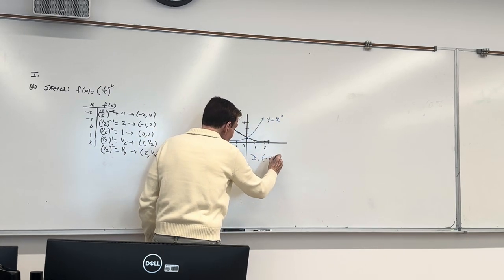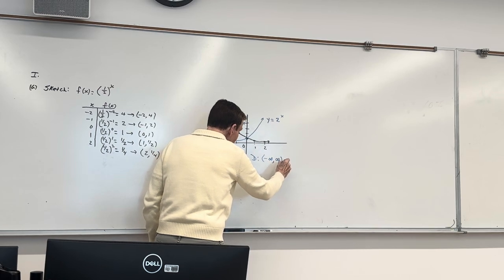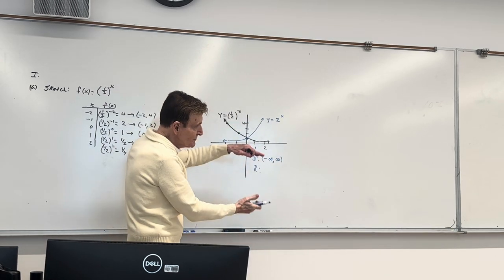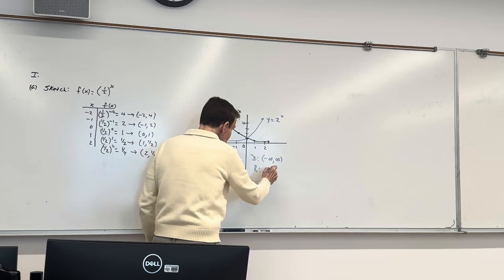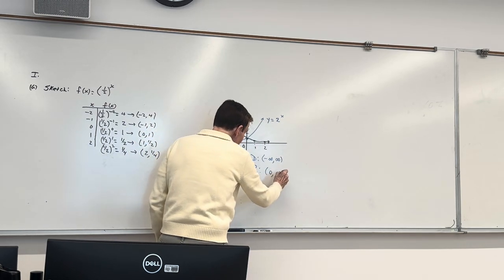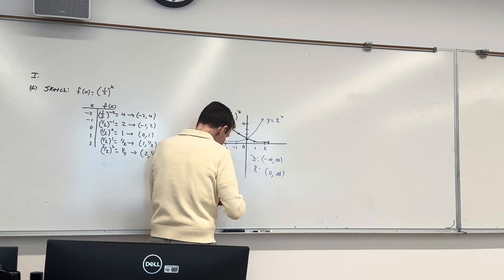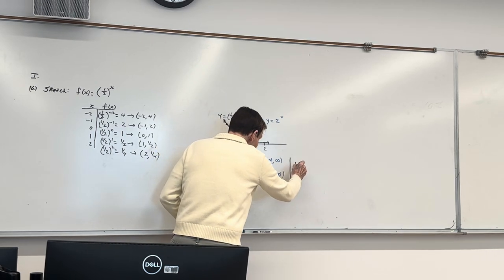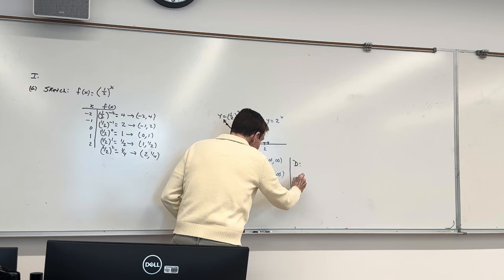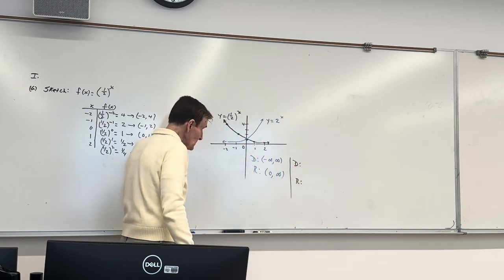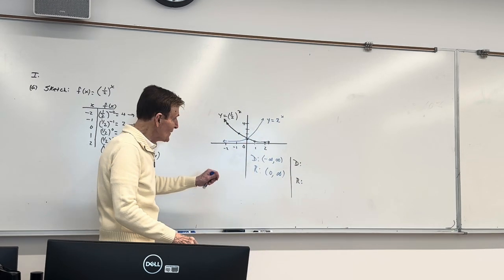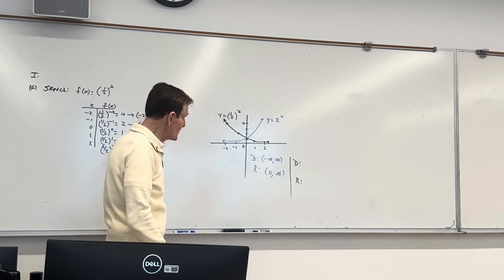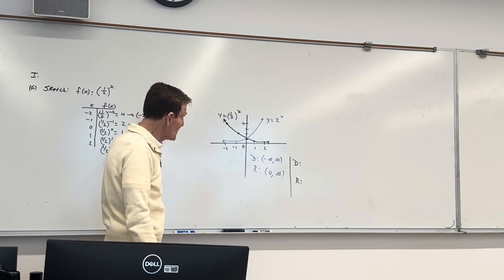And how about the range, the up and down, the y values on the blue graph? 0 to infinity. Now, on the side here, I like to have the domain and the range on the black graph. Guys, look at the black graph, tell me the extent of the x's here for the domain on the black graph.